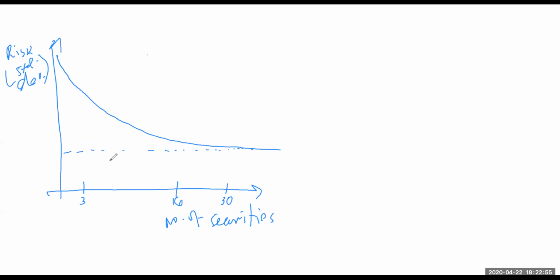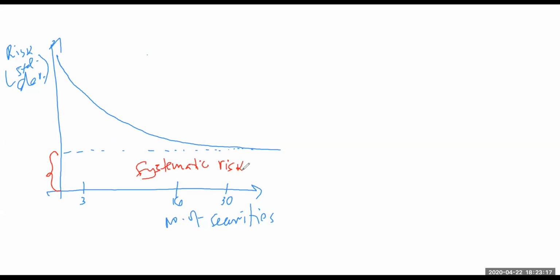This part of risk, which you cannot do away with by increasing the number of assets in a portfolio, is what we refer to as the systematic risk.